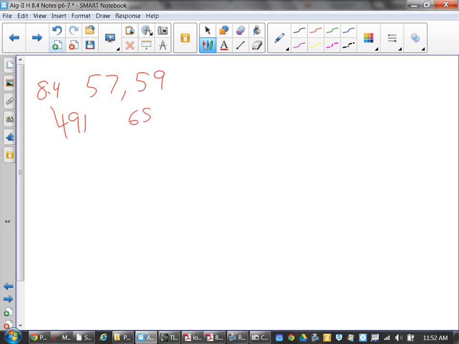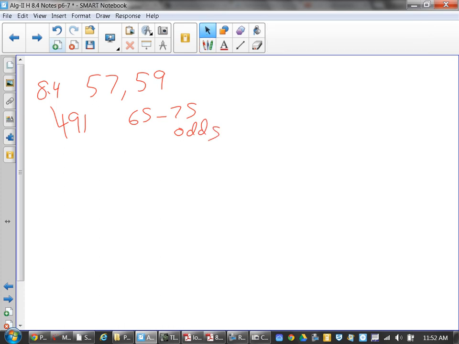And then 65 to 75 odds for the graphs, because all the evens are natural logs, and I don't think we're going to worry about graphing natural log. We'll just do the logarithms. So I gave you 2 inverses and then 4 graphs. Shouldn't take you very long.